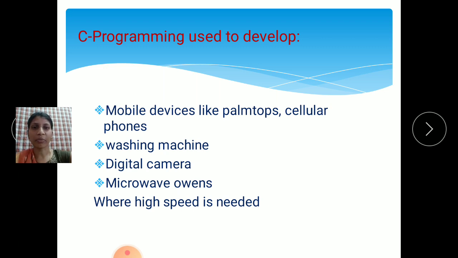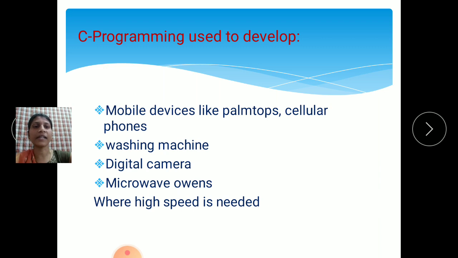According to that timing the microwave oven will work. It will bake whatever you put in the microwave oven. So we set the timing, and behind that there is a code. According to that code the microwave oven will work. So we use the C programming language in that also.